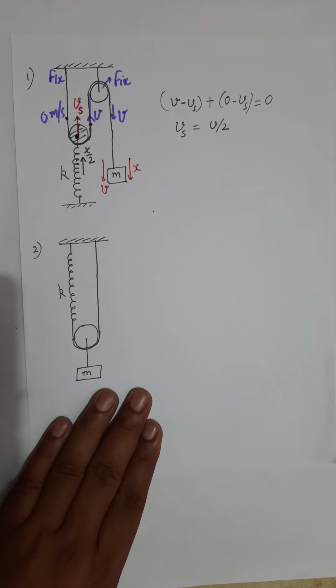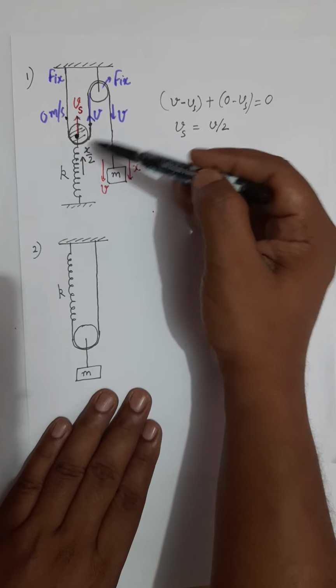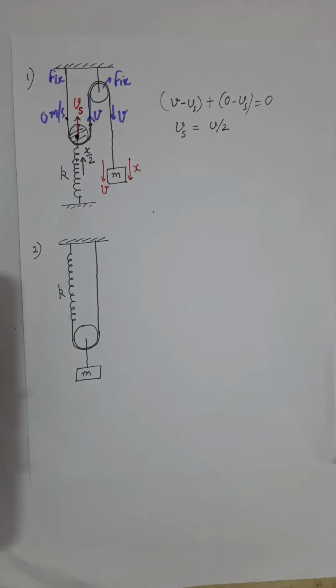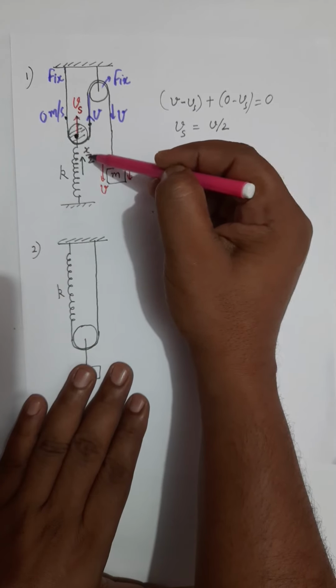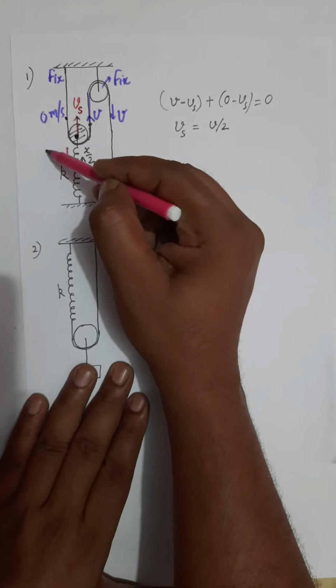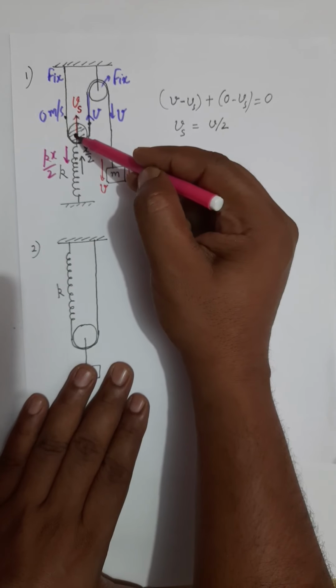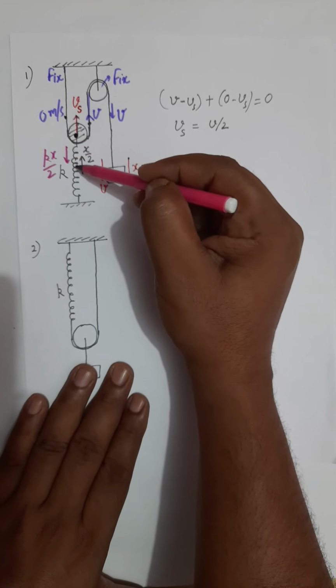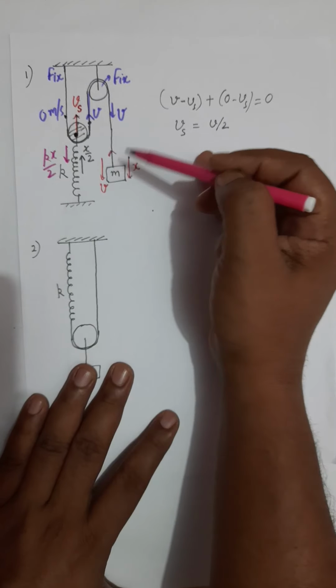And now if this spring is elongated by x by 2, you will get additional force here, and the additional force which we will get in this spring, due to the elongation x by 2, this spring will exert additional force of kx by 2. And if you get additional force of kx by 2 at this point, you will get additional force here also.